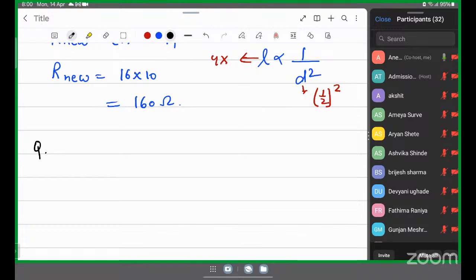Okay. Now we have a new topic, which is electric cell, internal resistance, and their combinations.